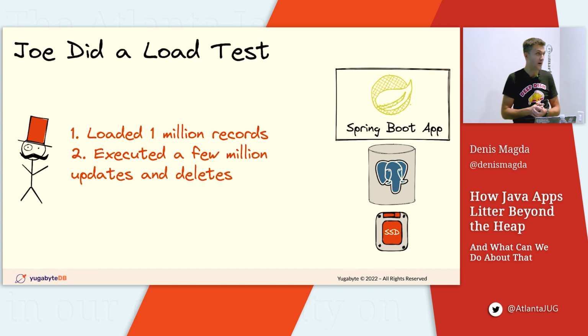And what Joe did, once he created the first version of the service, he did a load test, a simple load test. He loaded 1 million records through the Spring Boot REST endpoint into the PostgreSQL database. Then he executed a few million updates and deletes over this database.